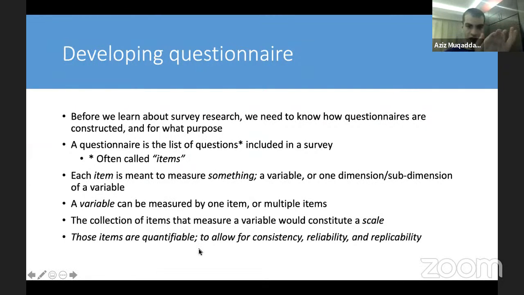That group of items meant to measure one variable, we call a scale. That's just in research method language. Scale doesn't mean a physical scale, but a list of questions meant to capture exhaustively and consistently a specific variable or concept. So motivation would have a scale, enjoyment would have a scale, and different attitudes, like attitudes toward school or toward gender equality.